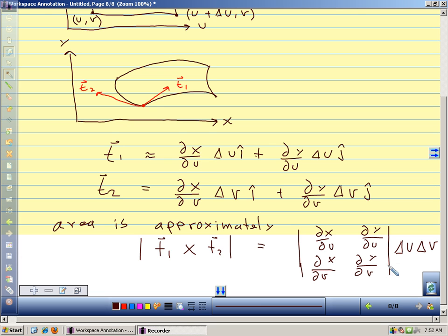And we sum over this entire region to get our result.